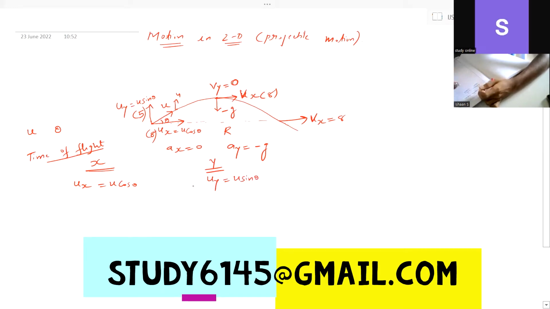Then acceleration is minus g over here, and along x it's 0. So how will you find time of flight? We just have these two things. Tell me what you will use.